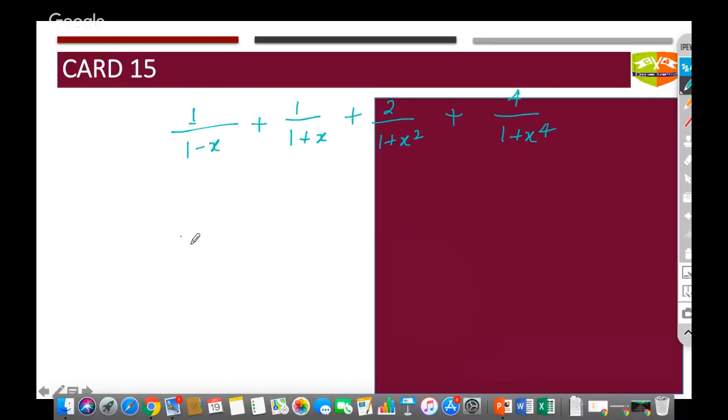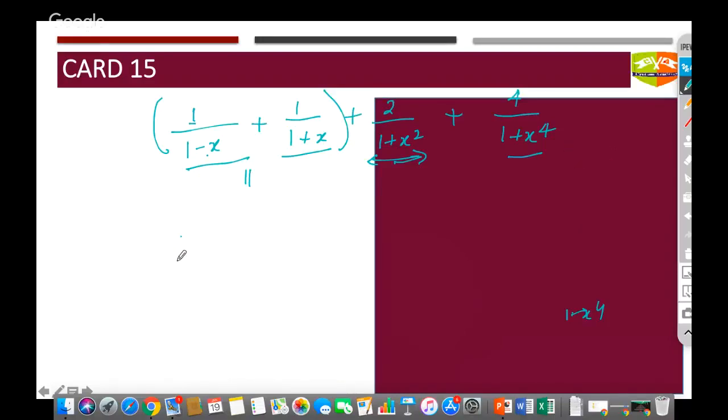Now this kind of question, I should know that. See what happens if I solve this part only. In the denominator I'll get 1 − x², and what is waiting for me to be added is 2/(1 + x²), where the denominator is 1 + x². So 1 − x² and 1 + x² multiplied together will give me 1 − x⁴, and I have 1 + x⁴. It means that something corresponding is waiting for me always to be added.